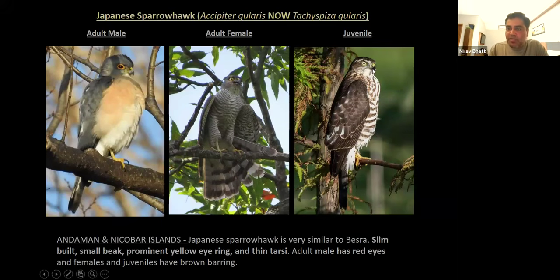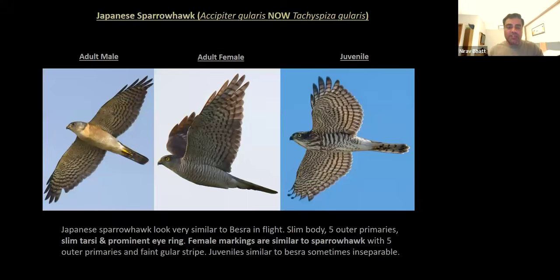Yellow eye ring, small beak, vertical streakings and barrings with a fine long tarsi, square tail end. It will be a little difficult, so let us see what is important here. In flight, also, the structure is similar to Besra, okay, but the markings are different.